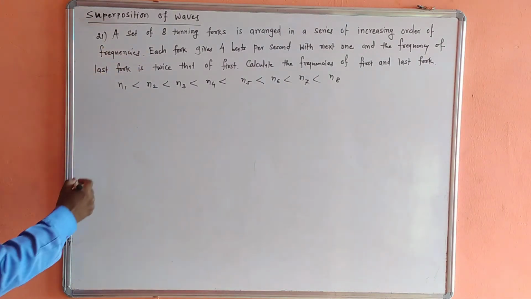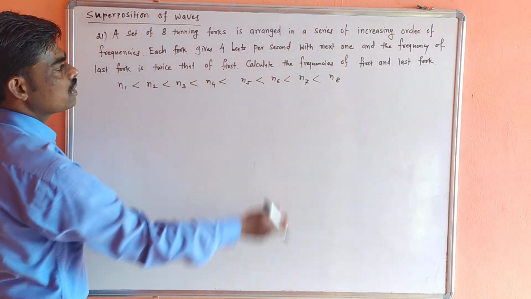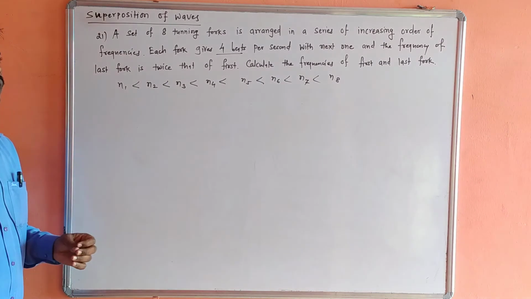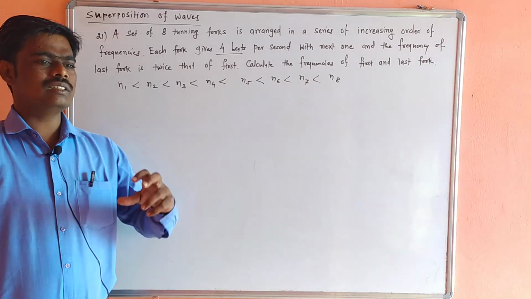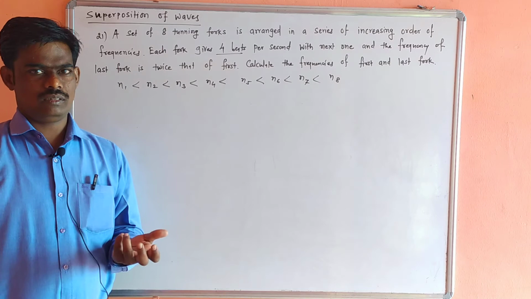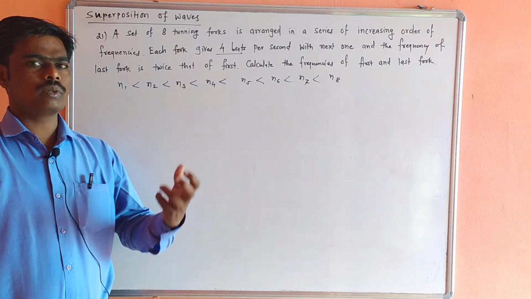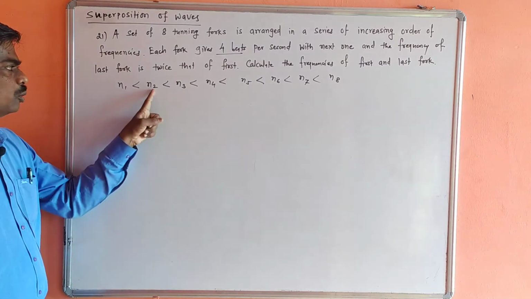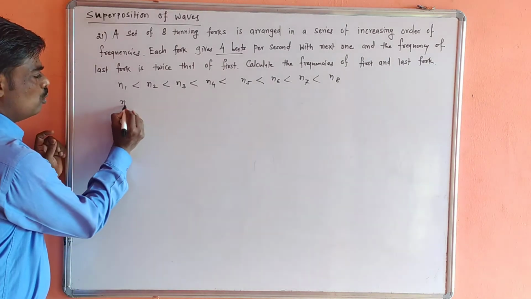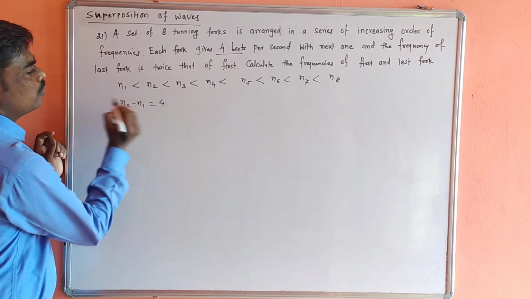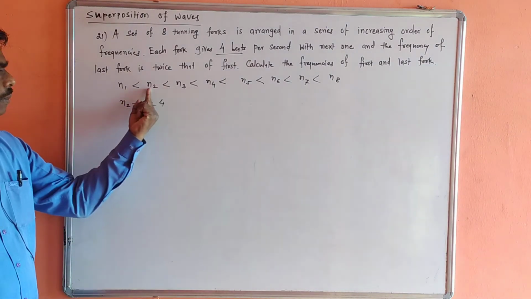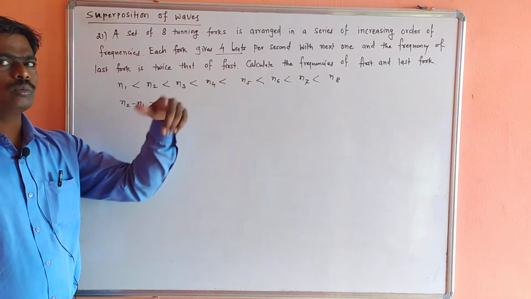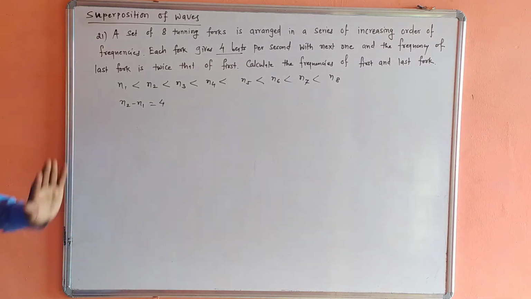And it is given that each fork gives 4 beats per second with the next. Beat frequency is 4, and we know that beat frequency is nothing but the difference of frequency, higher minus lower. So n2 is higher, so n2 minus n1 is 4. n3 minus n2 is 4. n4 minus n3 is 4. n5 minus n4 is 4, in this way.